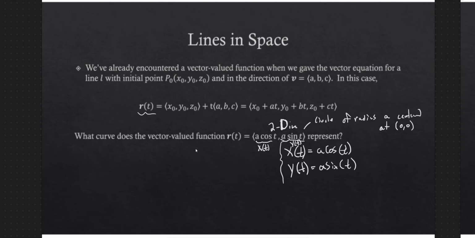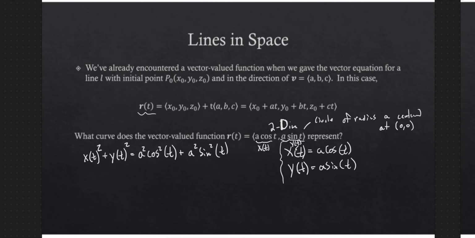And what I can do here, notice what happens if I take x of t and I square it, and I add that to y of t squared. So x of t is a cosine t, so this is going to be a squared cosine squared of t plus a squared sine squared of t.